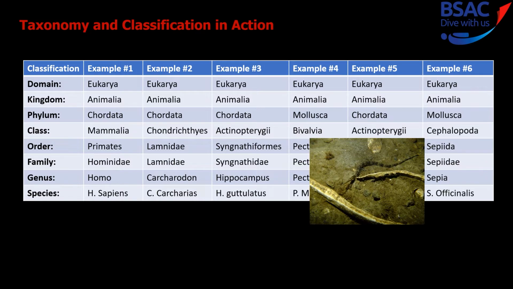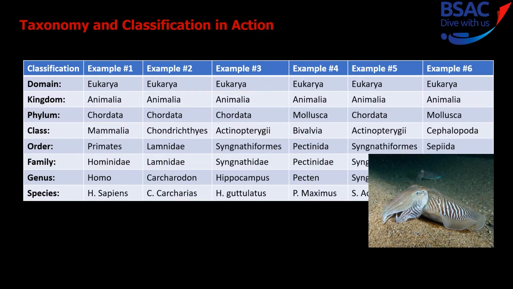Now you may recall sepia is an ink, and a long time ago one used to use sepia ink to make drawings in the early part of the 14th century. Sepia ink was taken from cuttlefish. So Sepia officinalis is a cuttlefish.